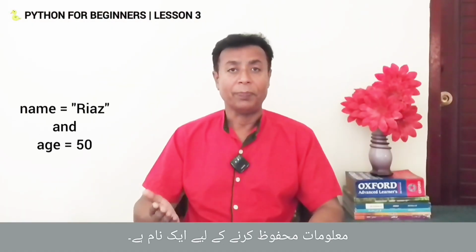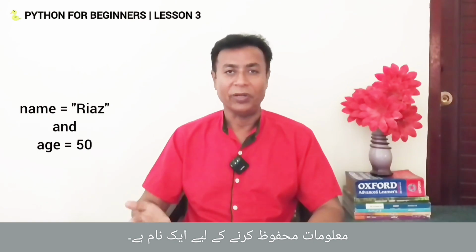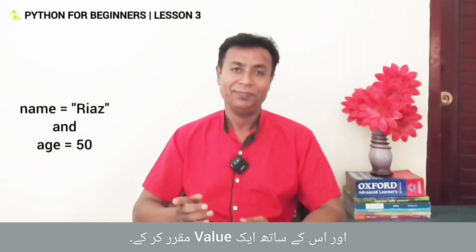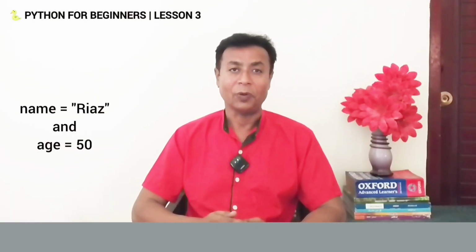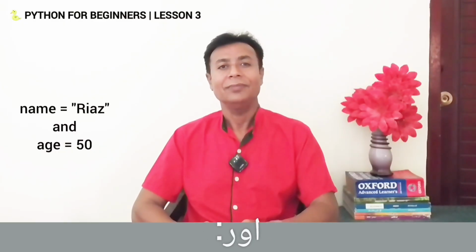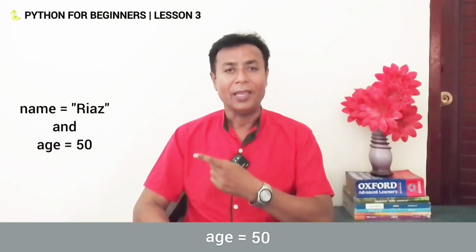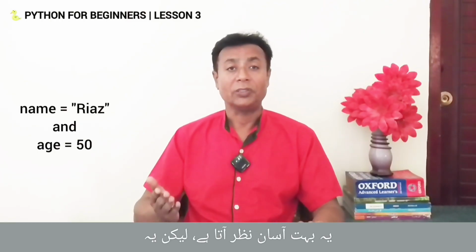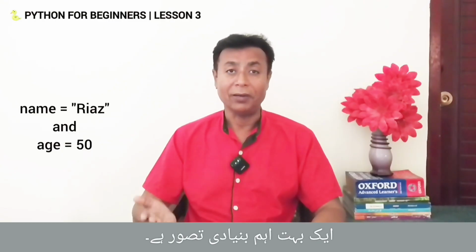Remember, a variable is a named place for storing information. We create a variable by giving it a name and assigning a value to it. For example, name equals Riaz and then age equals 50. This may look simple, but it is a very important programming concept.